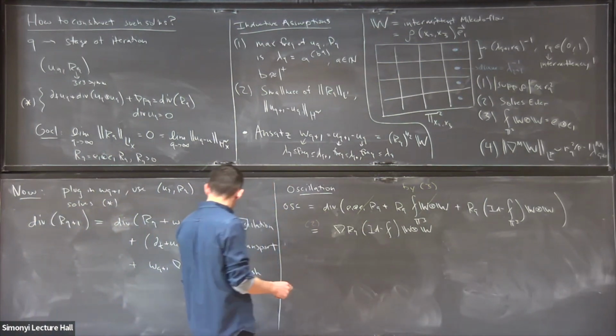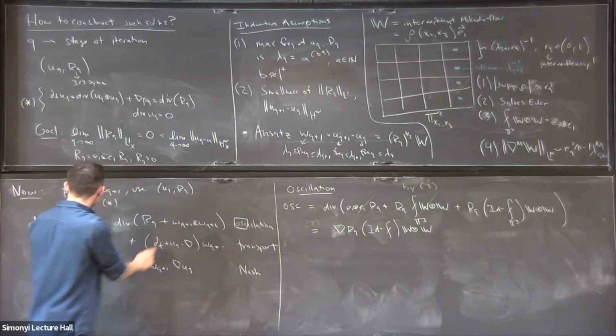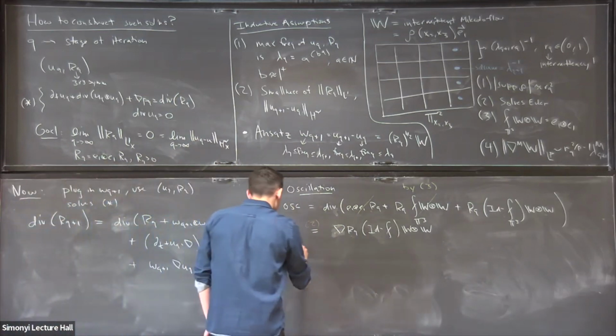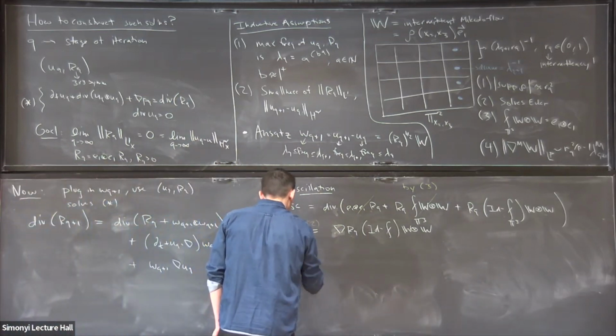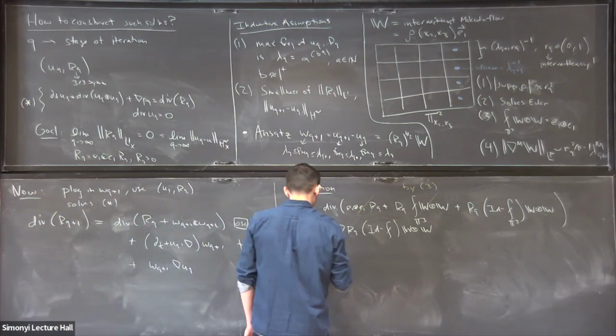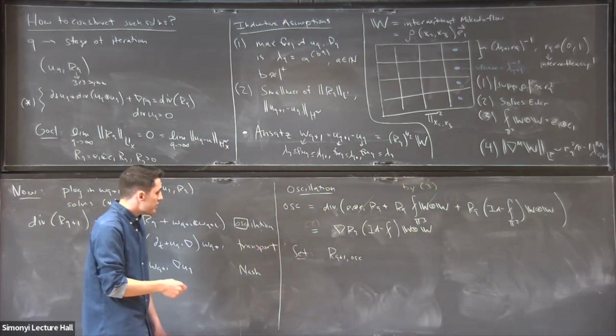All right. And what I want is this to be equal to the divergence of some new error term, which means that I should set my new error term, let's say, which comes from this oscillation error.